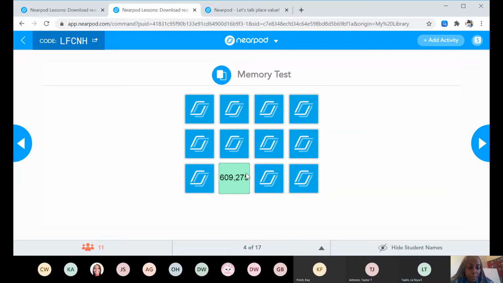What family is it in? Remember, the 2, the 7, and the 5 is in the units family, but the 6, the 0, and the 9 are in the thousands family. So it's 609 what, Lakaya? 1,000. Yes, great job. So can you read that number over for me one more time? You got it.